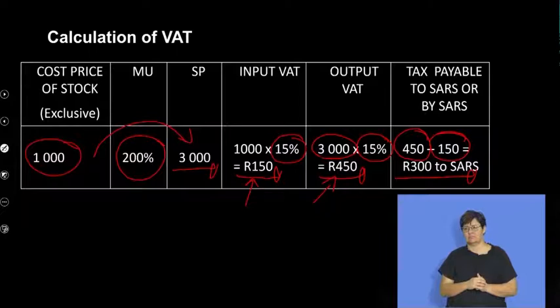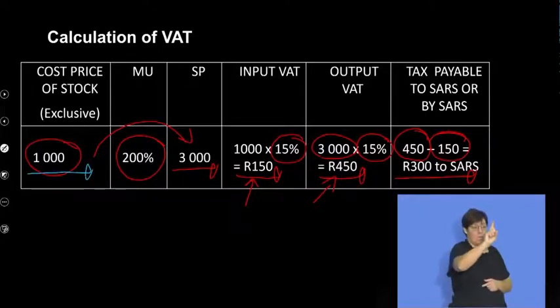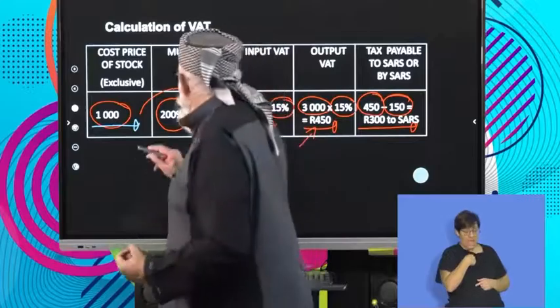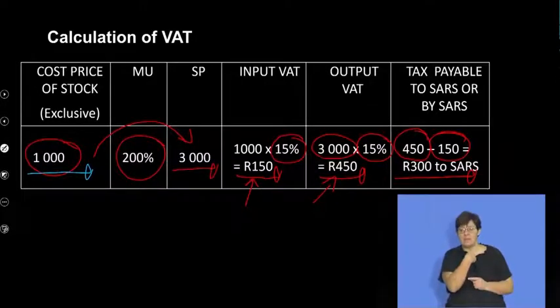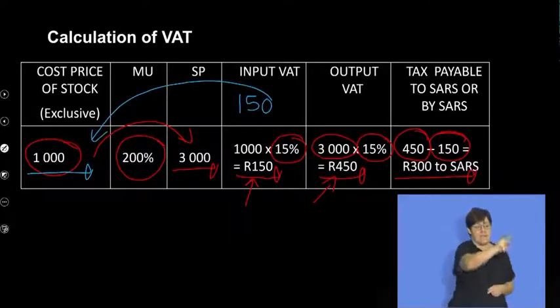So we said that when we as a VAT vendor bought the goods, we paid 1,000 Rand for those goods. The VAT on that 1,000 Rand is the VAT input that we as the VAT vendor have paid. How much VAT did we pay on that amount? We paid an amount of 150 Rand, based on that 1,000 Rand.